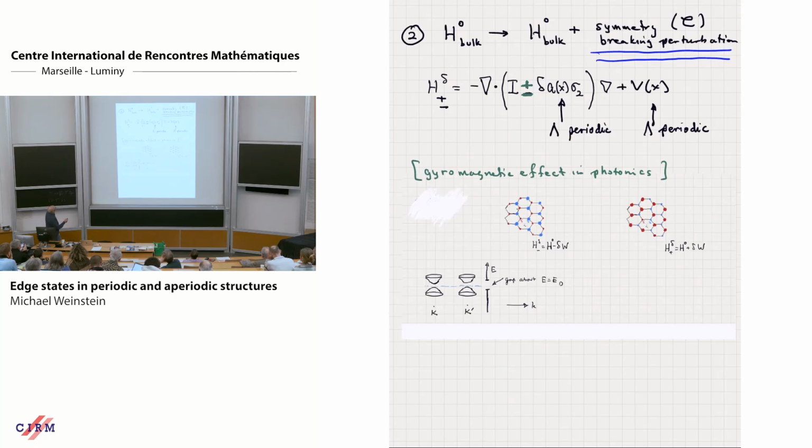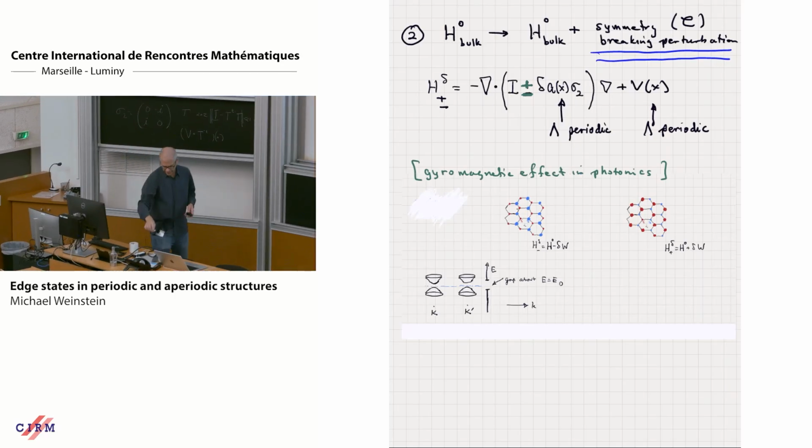And then what I want to do is take the bulk and perturb it by a symmetry breaking perturbation. My perturbation here will be one that breaks time reversal symmetry or complex conjugation. So here it is. Sigma 2 is this matrix.